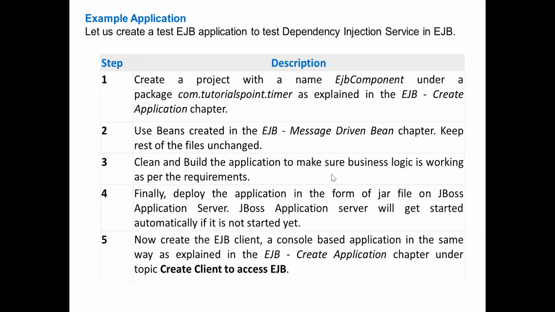So lastly, we create the EJB client. Whatever you write in the console based application, EJB will create the application. The chapter under the topic is create client to access EJB. Once the EJB application has tested the dependency injection service in EJB, finally we have to create the client to access the EJB.